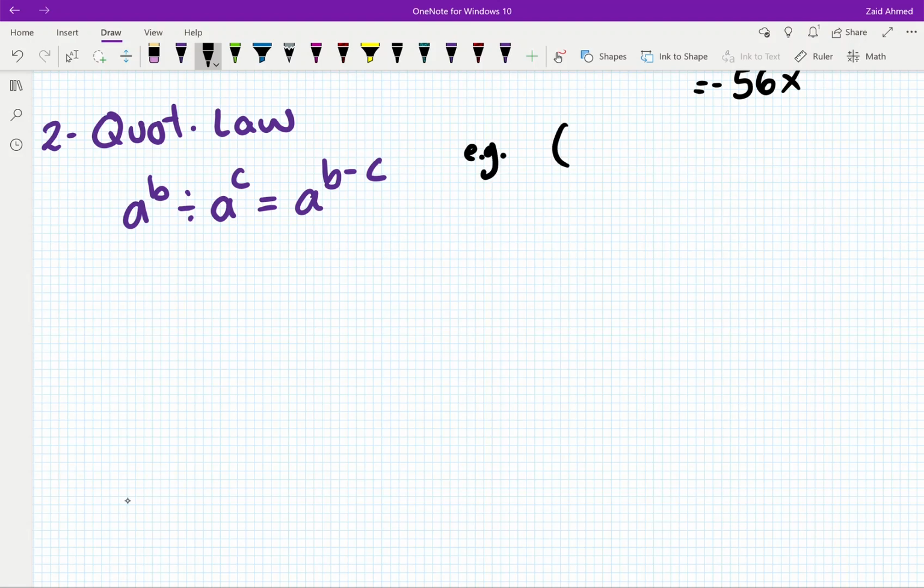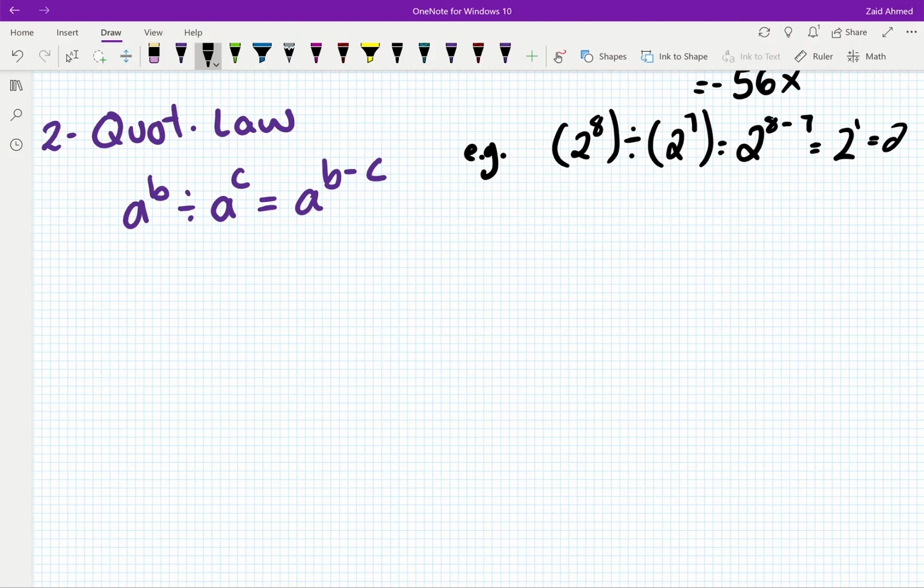So we could have something like 2 to the power of 8 divided by 2 to the power of 7, which will be 2 to the power of 8 minus 7, which is 2 to the power of 1. We do not need to write that 1 there, so we would just write down 2.